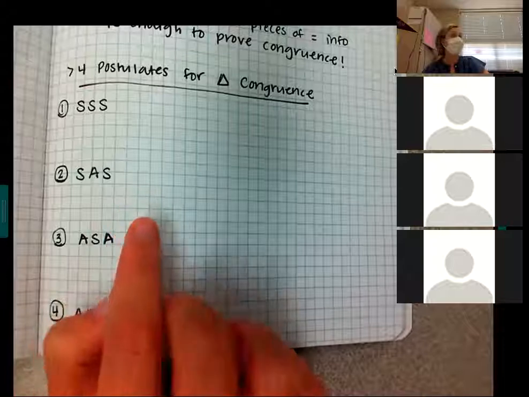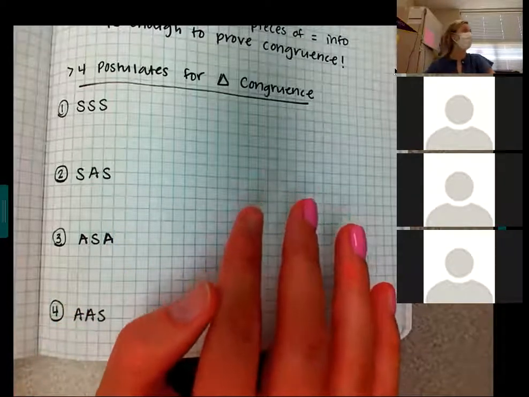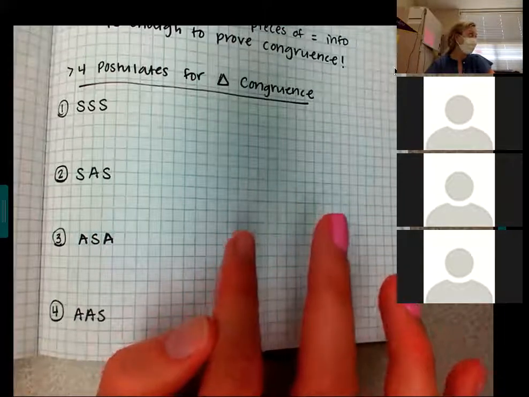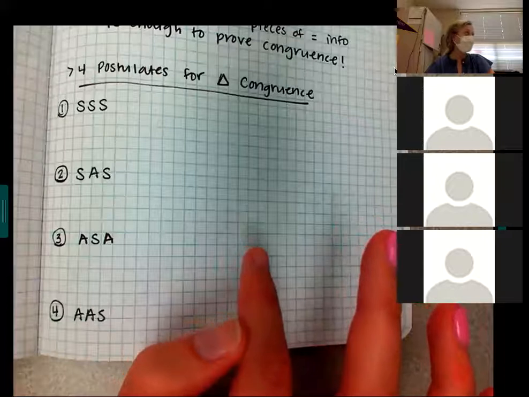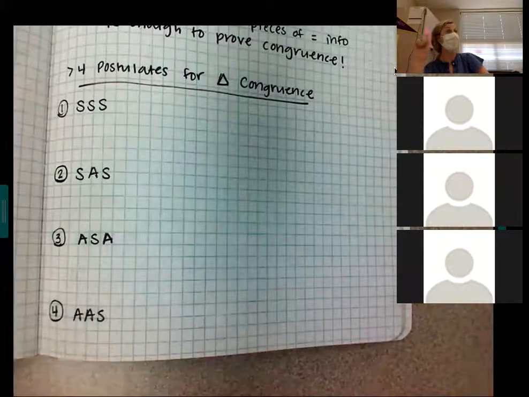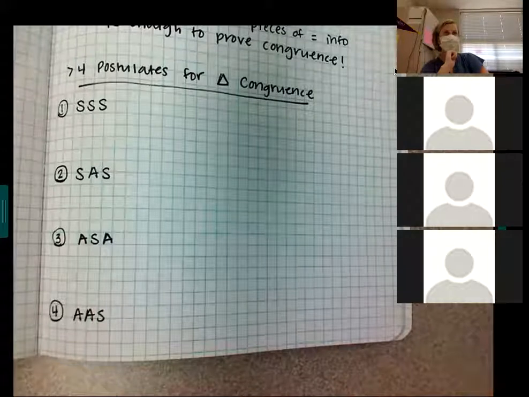So for the second time, I'm gonna get in trouble for this maybe later because it's on the recording, ASS is not a congruency rule. Do we understand? If you write it on your paper, I'm gonna make a comment that says you are ASS backwards. That is not a rule. You got it twisted. Capiche? You've never heard that? He looked confuzzled. Not a rule. Please don't write it.